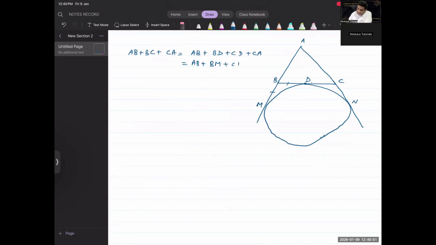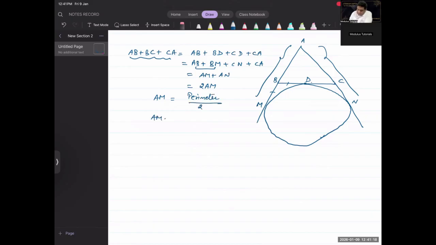Plus CD is CN, same logic, and CA is CA. So this is AM plus AN, again length of the tangent from an external point is equal. So we are getting 2AM. But this is the perimeter, so AM is perimeter upon 2. What's that? Semi-perimeter. So AM, guys, is therefore s. I hope you have been able to understand why that was labeled as s.